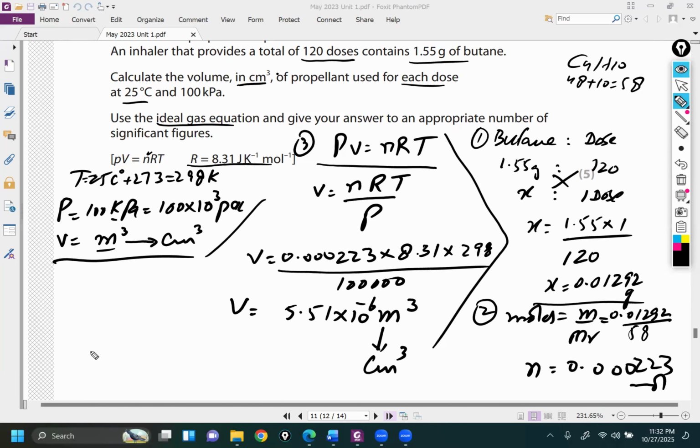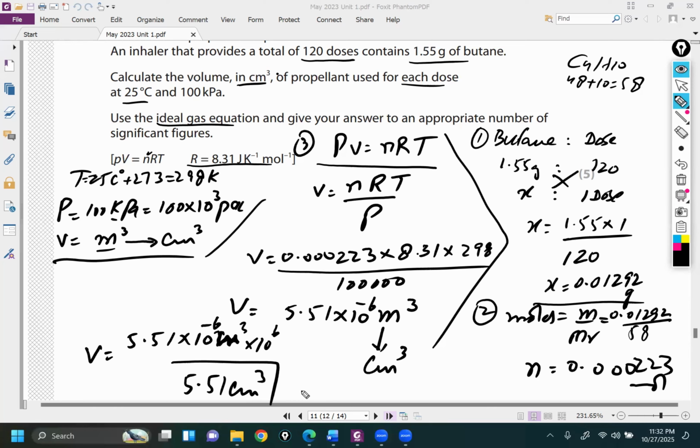So the last step is this 5.51 times 10 raised to the power minus 6 meter cube, multiply by 1 million, because we are changing the bigger to smaller. So we will get 5.51 cm cube, and this is the final answer.